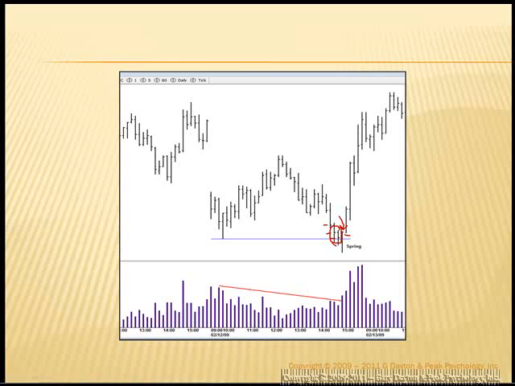I'll give you another example. If this bar here, this second bar, did this and closed like that, then I would buy it. Okay?